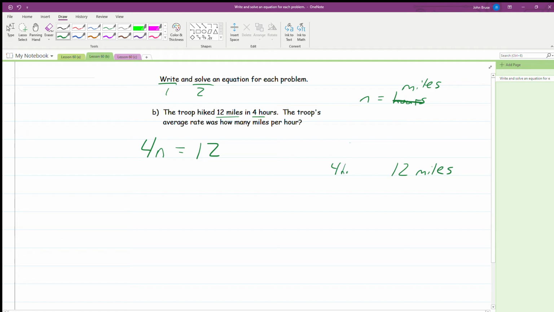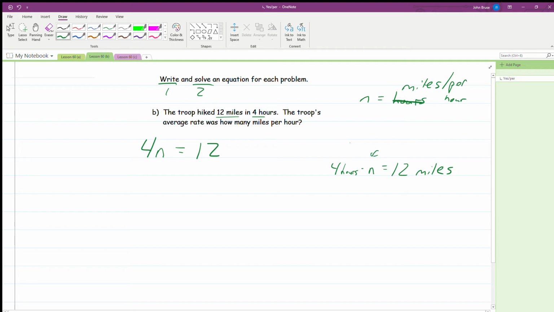So 4 hours times some amount of miles, which is n, will give me 12 miles. And this is actually miles per hour. So this n here equals miles per hour.